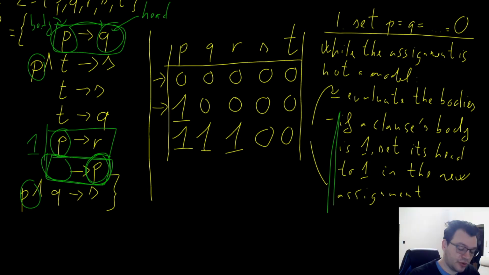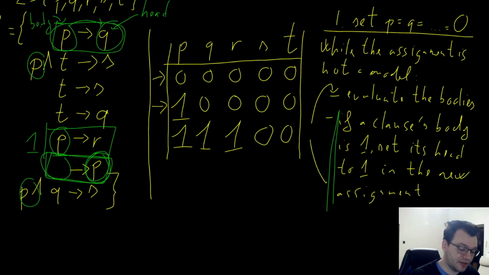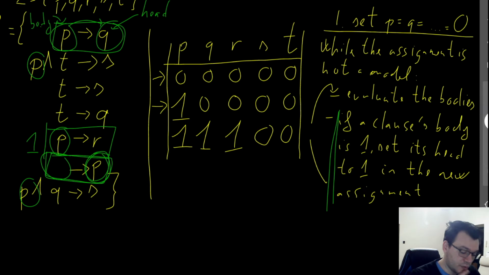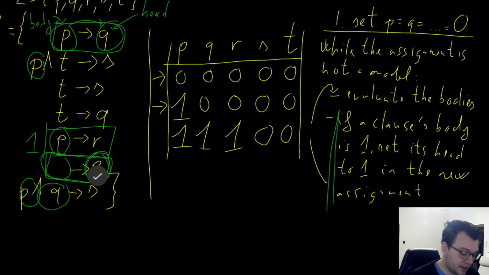Now, again, using this third assignment, what do I have? So P is 1, Q is 1, and R is 1. Now on the left hand side, okay, so this Q is also 1.